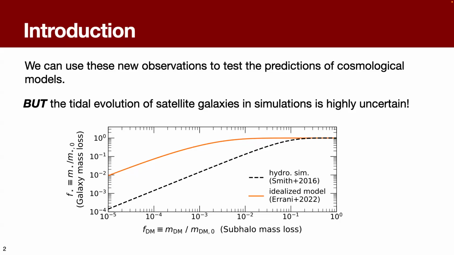But before we can do any of those things in any kind of meaningful way, we have to first really understand the systematic uncertainties that are in our models, especially given the precision of these new data. And one of the largest sources of this uncertainty stems from our limited understanding of how subhalos and the satellite galaxies that live in them evolve once they fall into the gravitational potentials of their host halos.